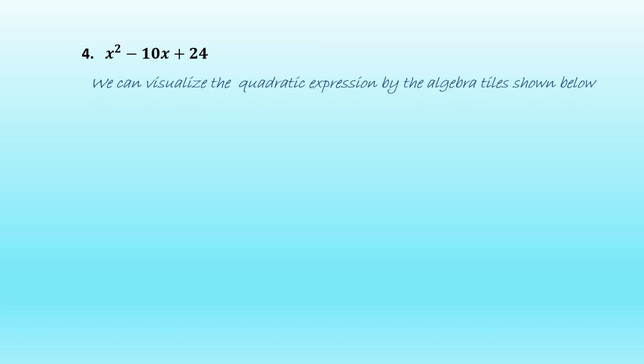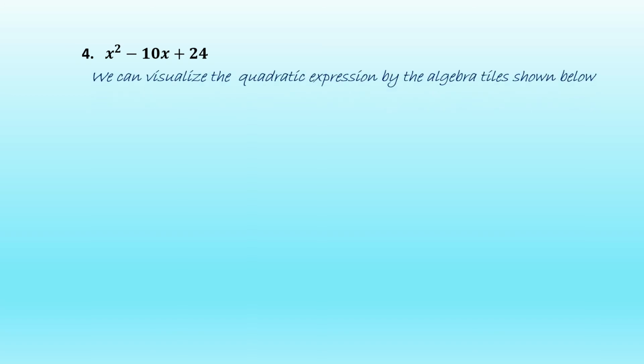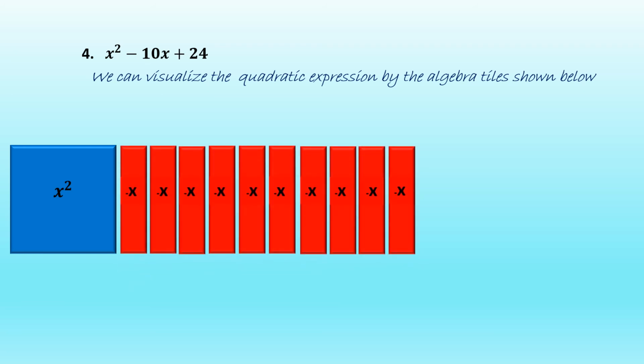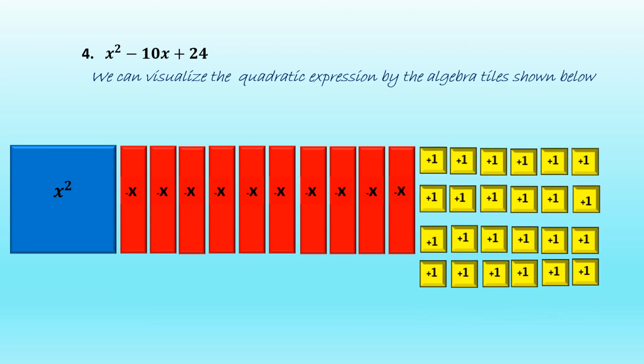Number 4, x squared minus 10x plus 24. We can visualize the quadratic expression by the algebra tiles shown below. So we have one blue large square tile and 10 red x tiles and 24 yellow tiles.